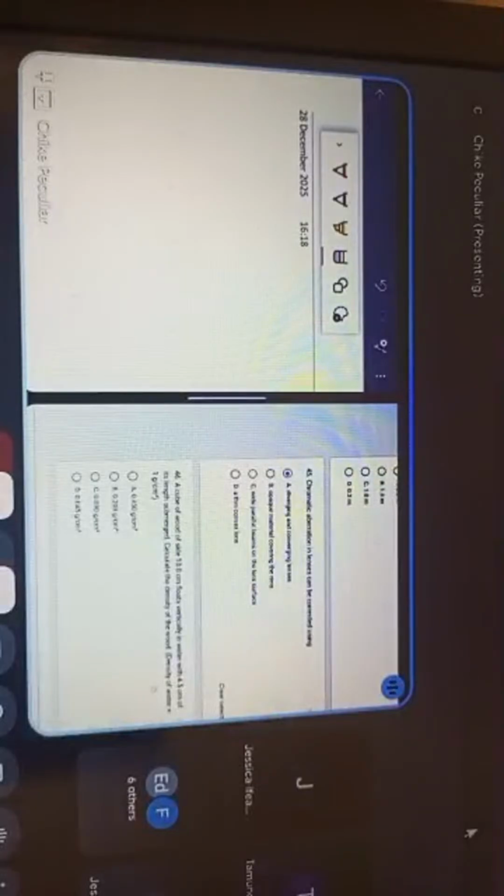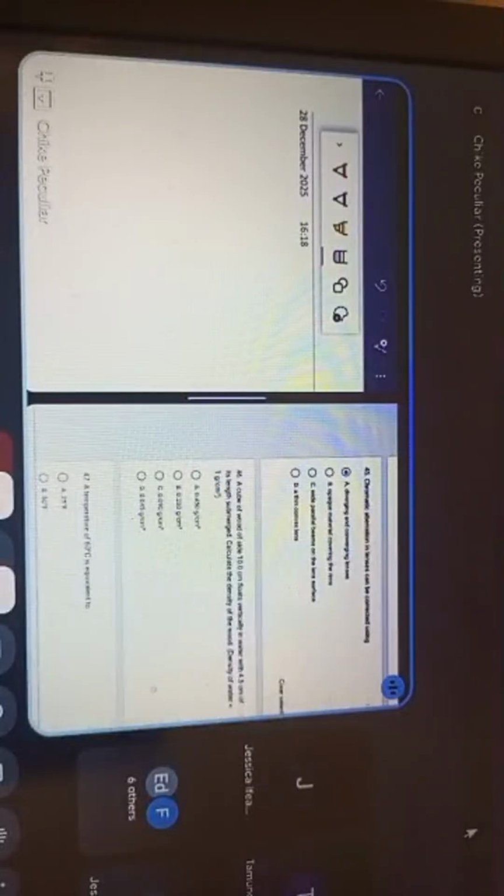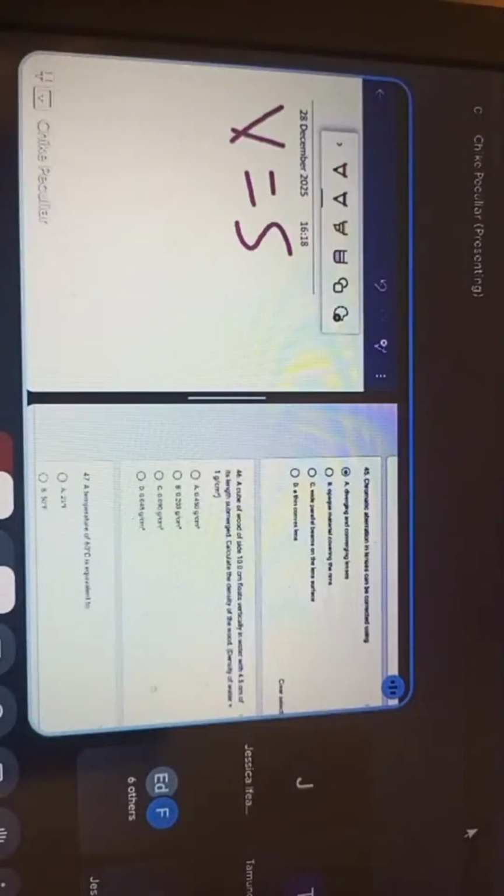Alright, so question 46 says that a cube of wood of size 10 centimeters, so a cube, and this mathematics is in play here. What's the formula for the volume of a cube? It is equal to side raised to the power of 3.